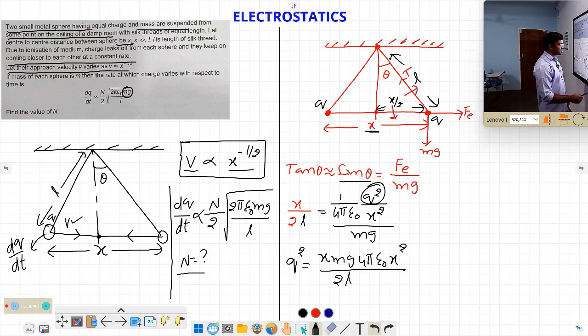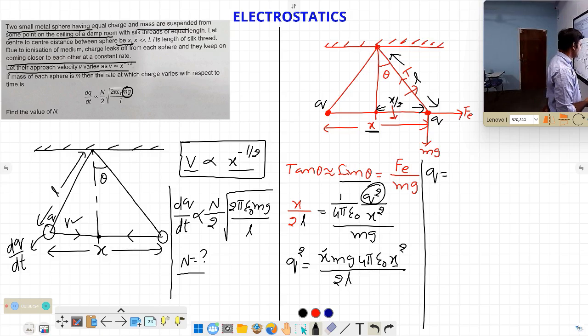And here we have to understand there is an x square, so in total it becomes x cube. I can write the relation in terms of q, in terms of whole power. This becomes x cube, and the 2 I can cancel here.